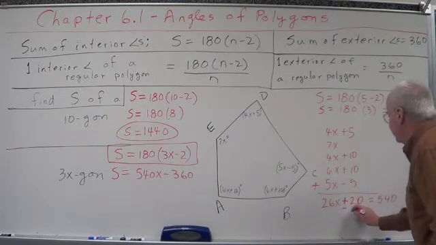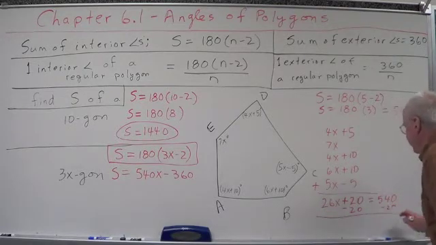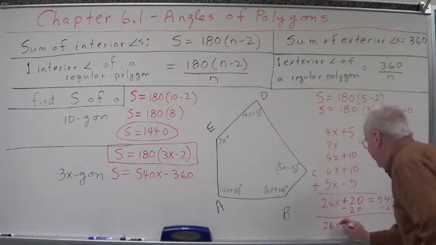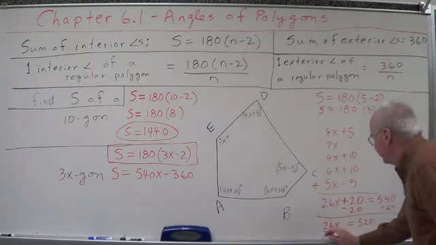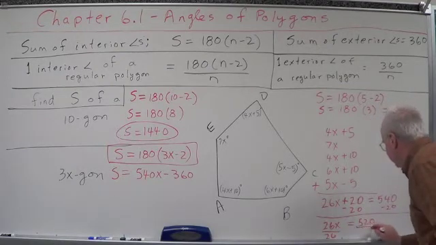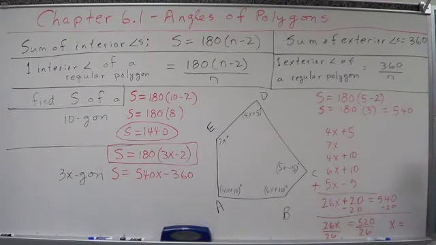So we just solve. Subtract 20 from both sides. We end up with 26x equals 520. We divide by 26. We come up with x equals 20.